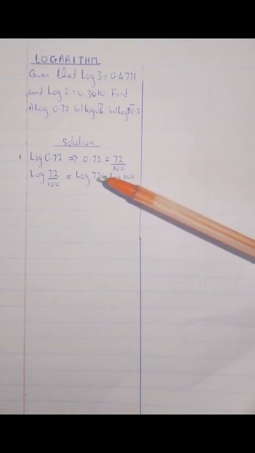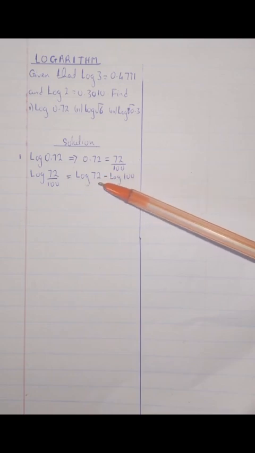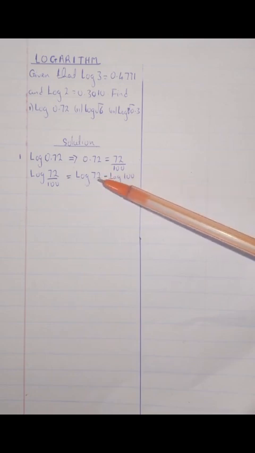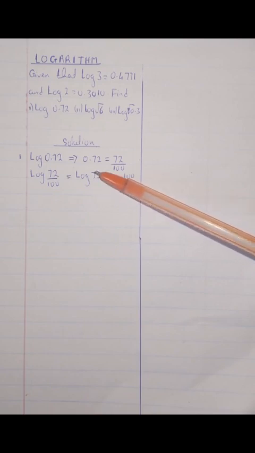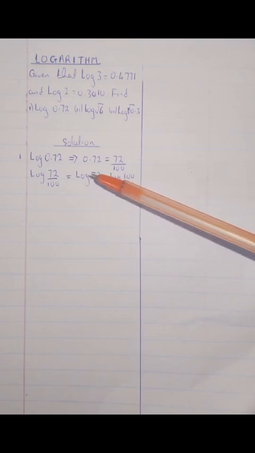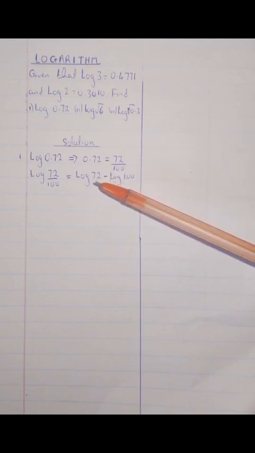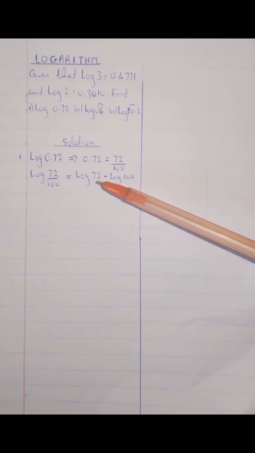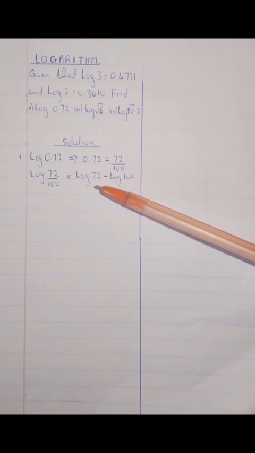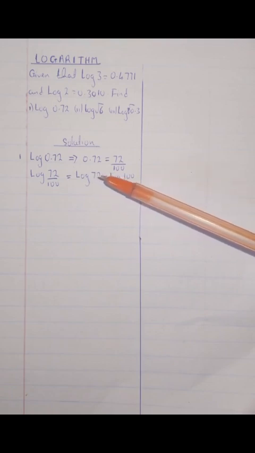Since we now have log 72 minus log 100, what is the next thing to do? Now look at this number, log 72. We'll look for two numbers that can multiply themselves to give us 72. Of course, 36 times 2 can give us 72, but we are not looking for large numbers. So look for the two smallest numbers that if you multiply them, they will give us 72. Those two smallest numbers are 8 and 9. 8 times 9 gives us 72.